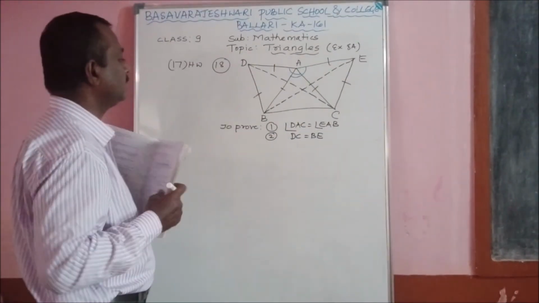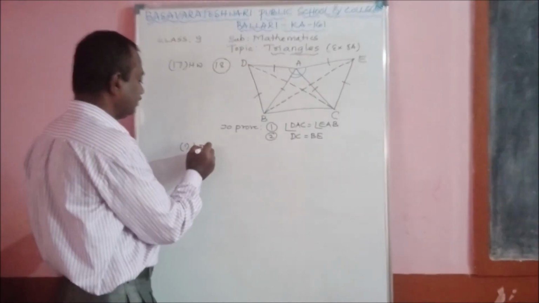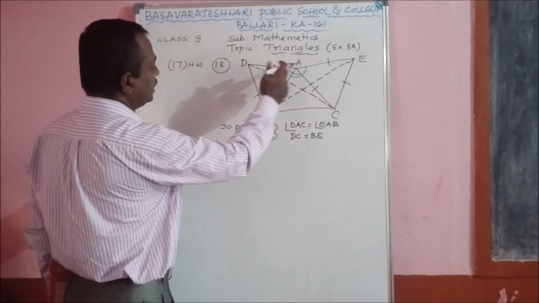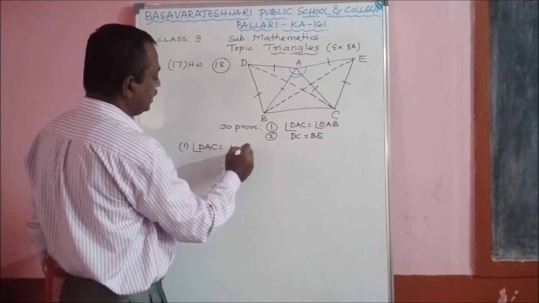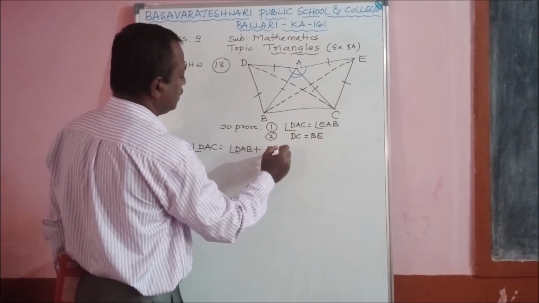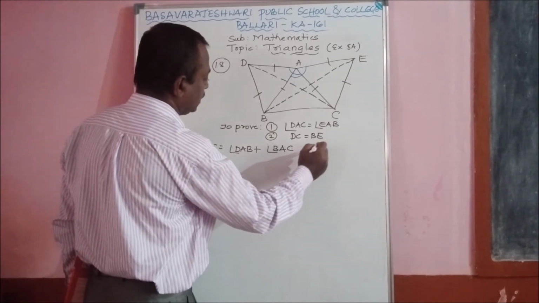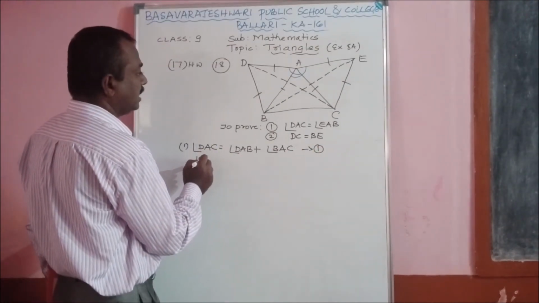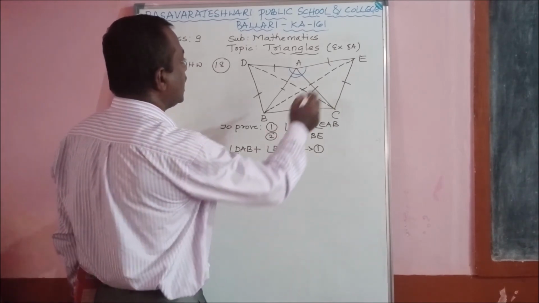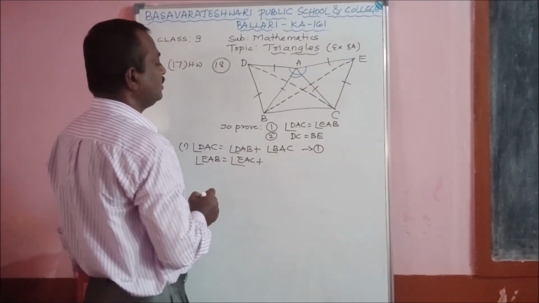So first I will take the angle DAC. In DAC there are two angles: angle DAB plus angle BAC. Equation number 1. Second, I will take angle EAB. In EAB, I have two angles: angle EAC plus angle BAC.